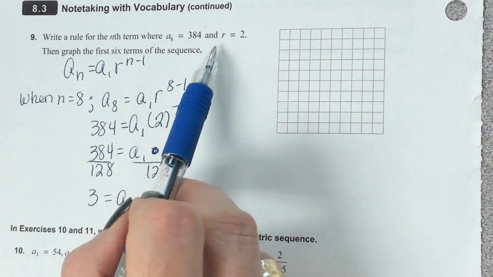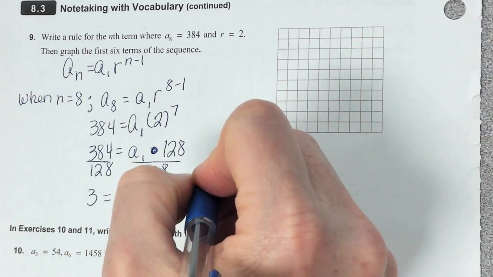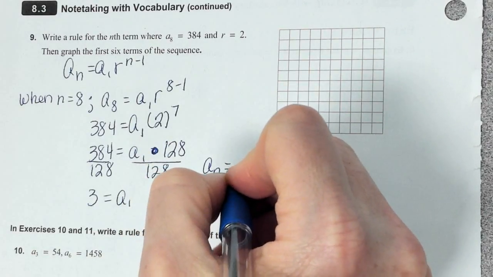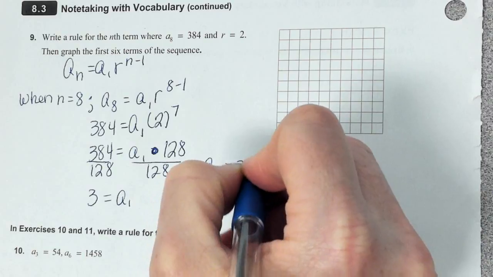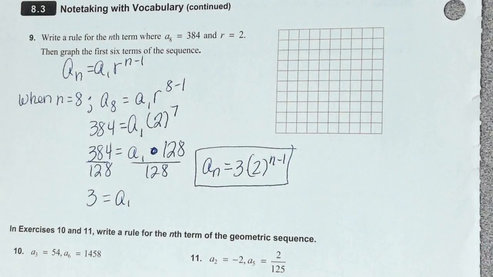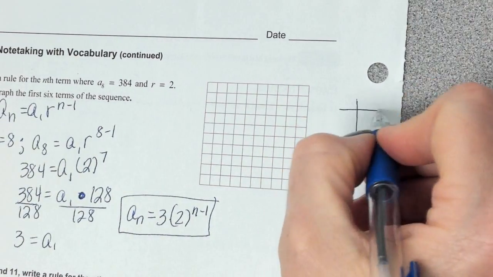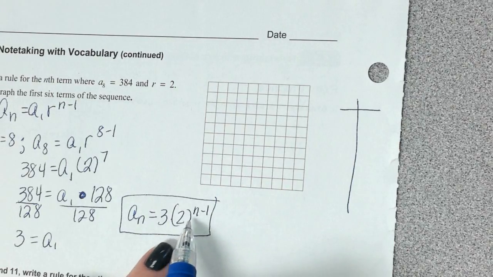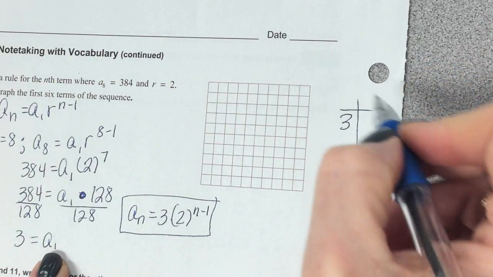So once I know A sub 1 and R, I can write the equation. A sub n equals A sub 1 times R to the n minus 1. So that's going to be our formula. And I'm supposed to graph this, so I need to find my first 6 terms. Well, I'm going to find the first term. I already know it. It's 3. Oops.